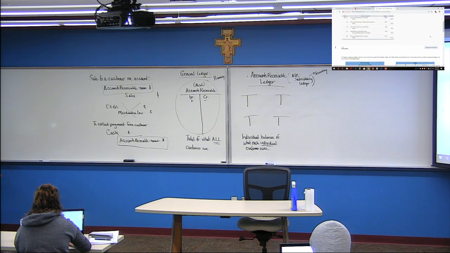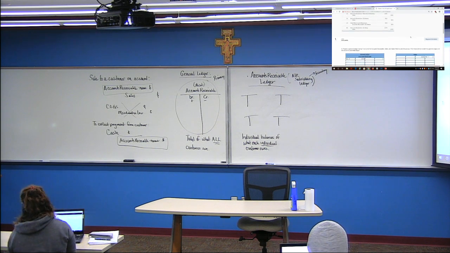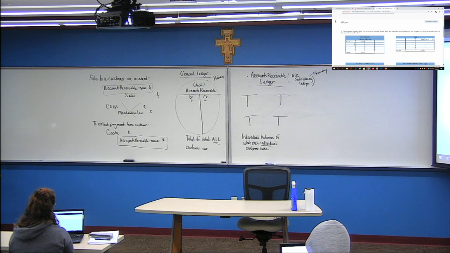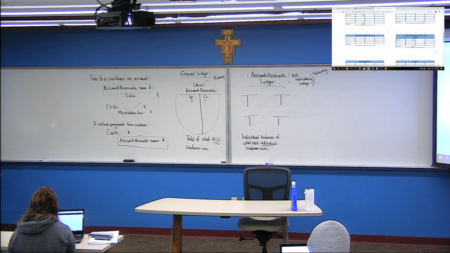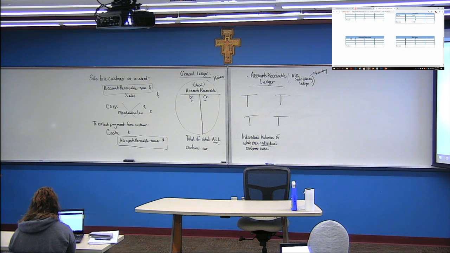On the 10th, debit accounts receivable for $13.50, credit sales for $13.50, also Welcome Enterprises. So there's the debit to accounts receivable for $13.50. That's the main account. But that's a different customer than the first one. So I have to go down to Welcome Enterprises and select the date there, because I need individual records for all my customers.